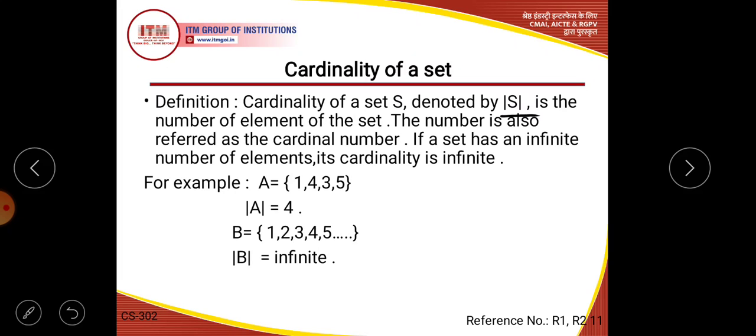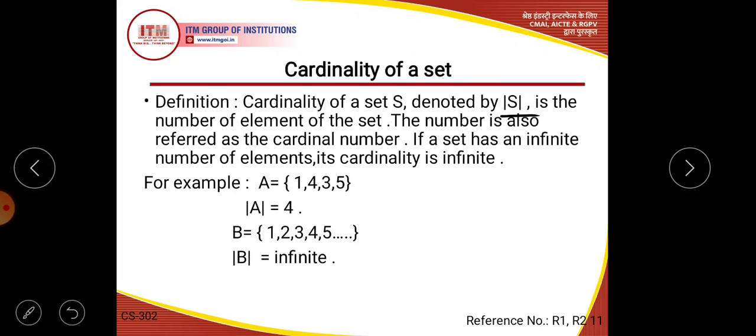So cardinality means the number of elements in the set. This number is also referred to as the cardinal number of the set. If a set has an infinite number of elements, its cardinality is infinite.